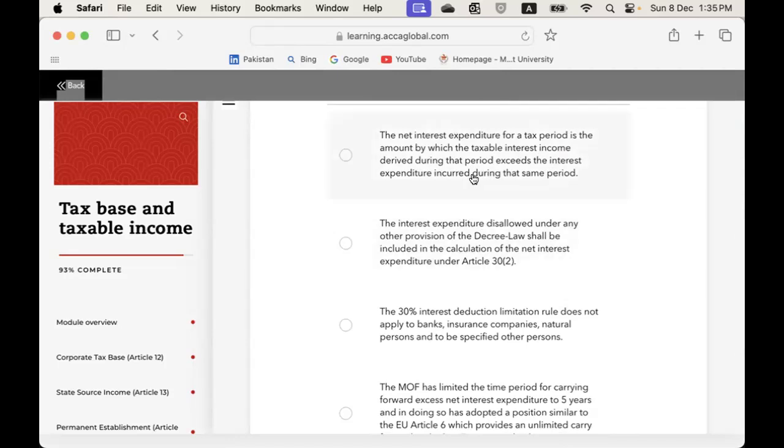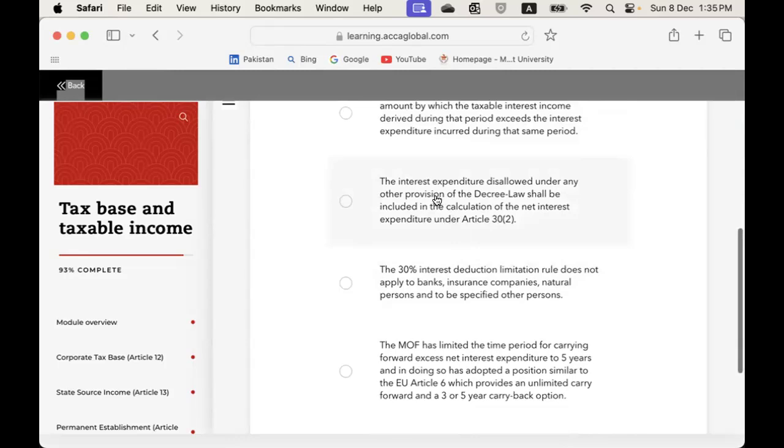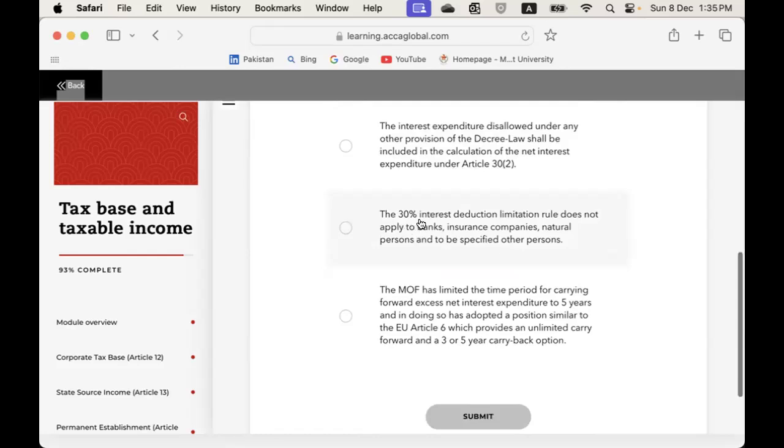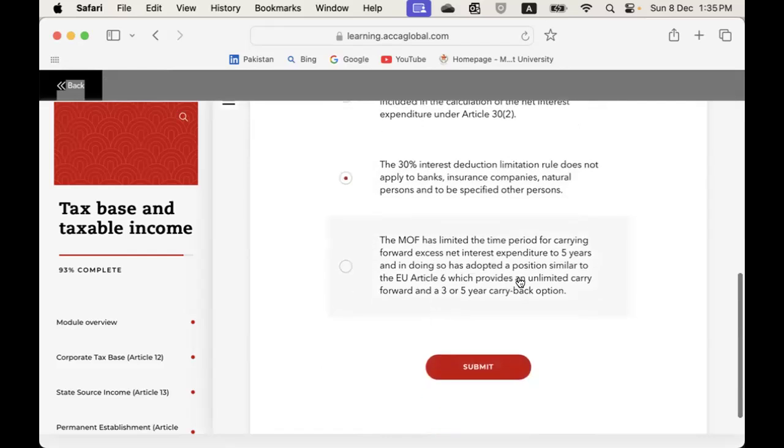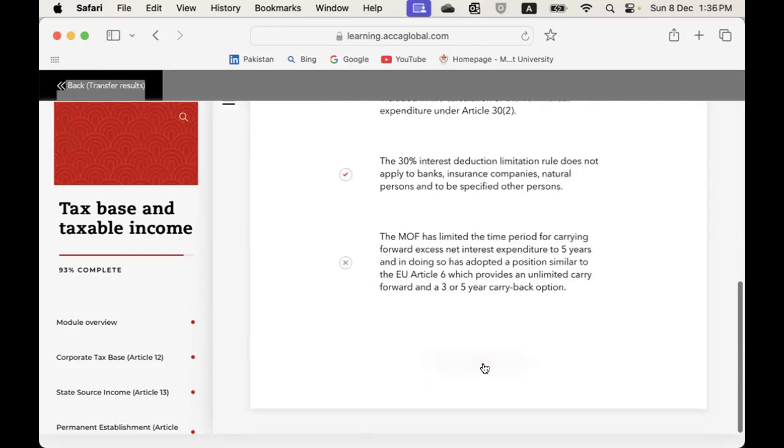No, it's the reverse order. Next, the interest expenditure disallowed under any of the provisions shall be included in the calculation. No, if it is disallowed, it will be excluded from the calculation. This is also not applicable. The 30% interest deduction limitation rule does not apply to banks and insurance companies. Yes, this is correct. The MOF has limited this for this time period. Okay, perfect.